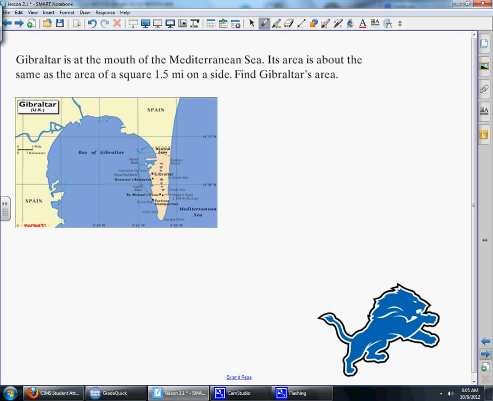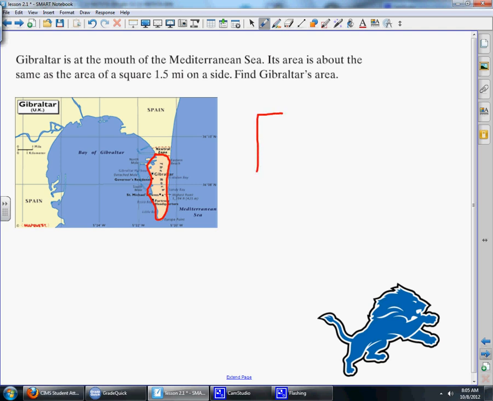Here's a story problem. Gibraltar is at the mouth of the Mediterranean Sea. And you can see here, this here is Gibraltar. That outlined spot. Its area is about the same as the area of a square 1.5 miles on a side. Find Gibraltar's area.